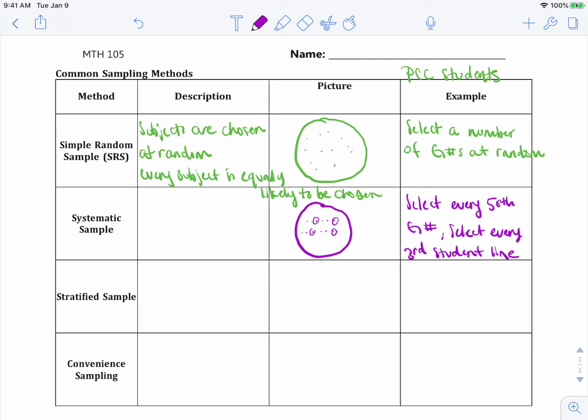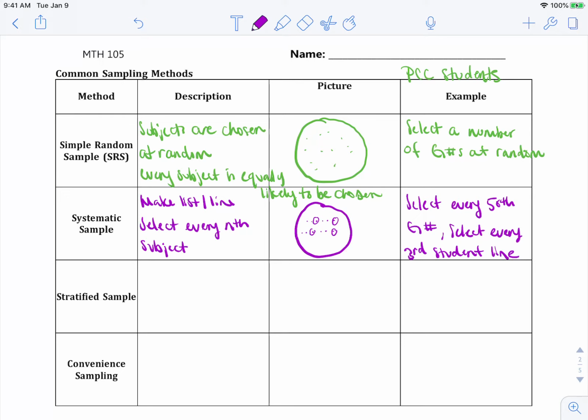So the description of this is you either have a list or a line, and you select every nth subject. So no longer is it random. That's the difference between those two.